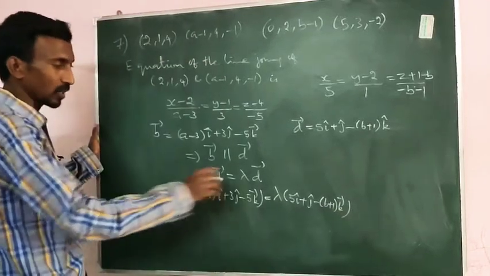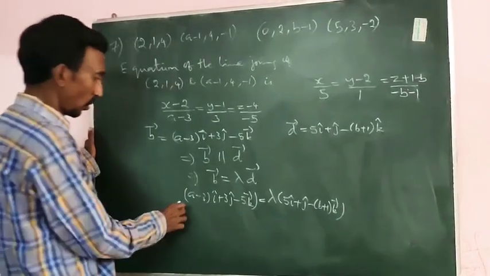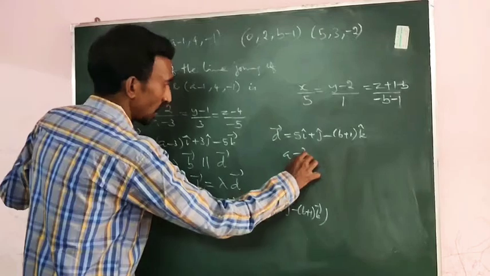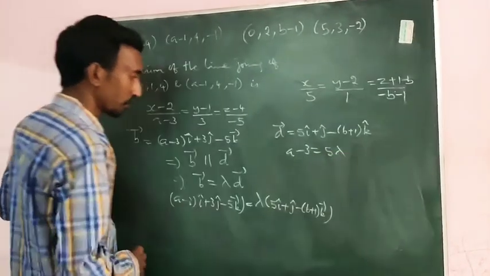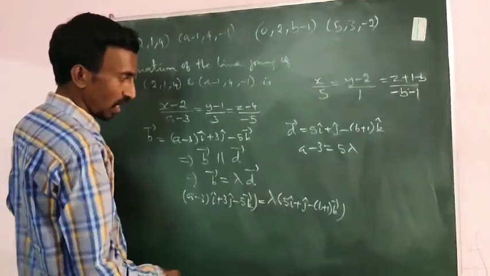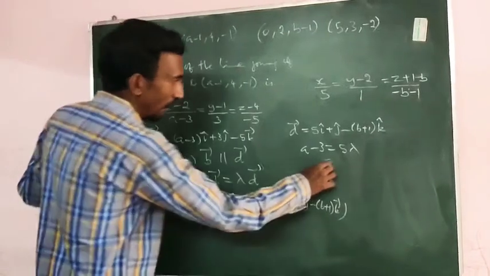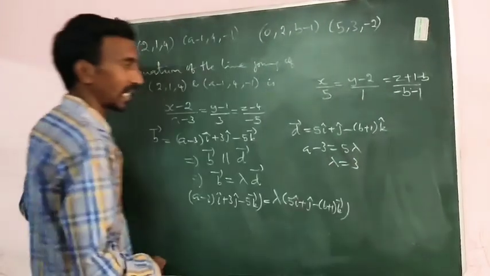So equate the corresponding components. So a minus 3 is equal to 5 lambda; second, the coefficients of j: lambda equals 3, we are getting directly.